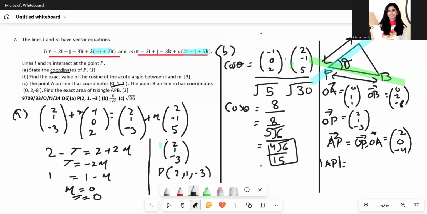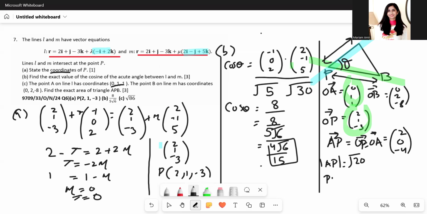I'm sorry, that was OP. So did I subtract OP from OA? I might not have. Wait a second. It is correct, root 20. So root 20 is correct. Okay. Next, we need the magnitude of PB.